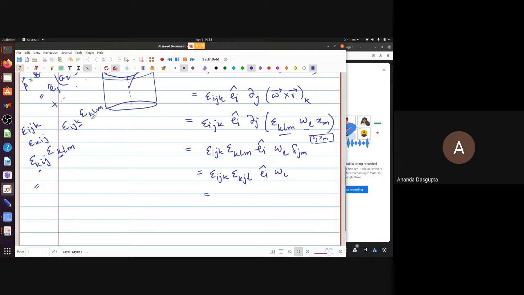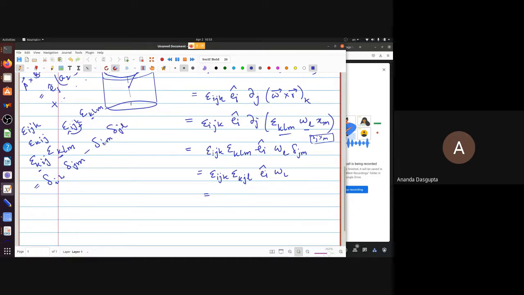There the K was in different places. You can figure out what's going to happen, but it's easier to figure it out by putting the K in the front. And then it's going to be delta IL delta JM minus delta IM delta JL.